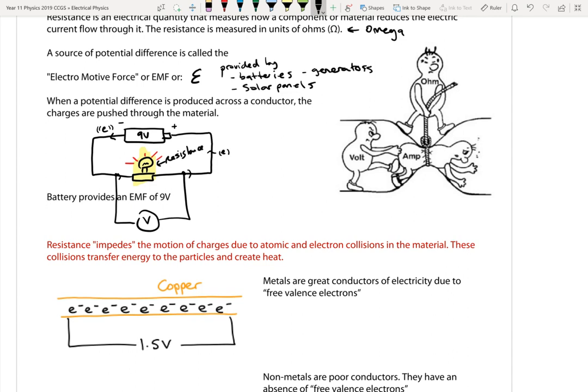So when we say voltage across, it would read 9 volts. It's basically saying that the potential difference is 9 volts. You're comparing the energy that the electron had on that side of the globe to the energy that the electron has on this side. It will have dropped by 9 volts.